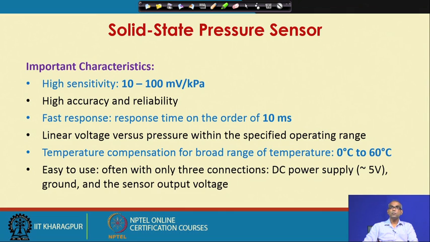It is easy to use, often with only 3 connections: DC power supply of about 5 volt, ground and the sensor output voltage.